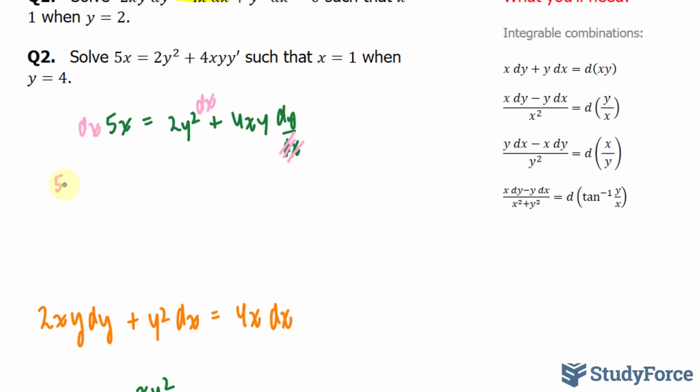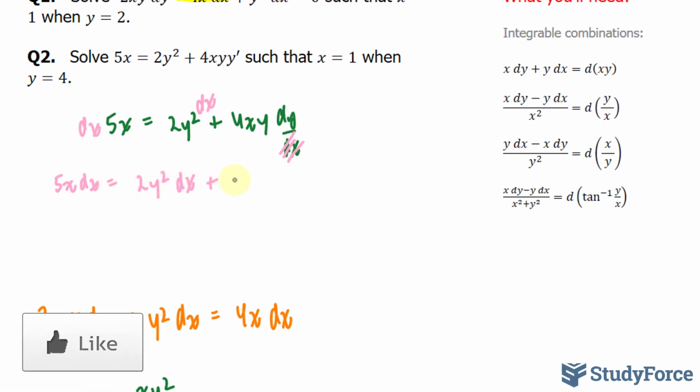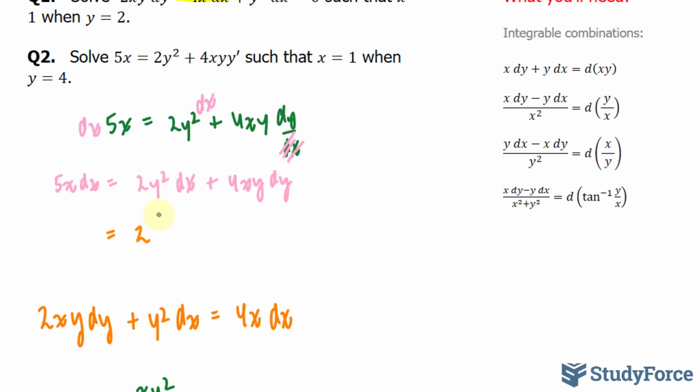So let me clean this up for you. I have 5x dx is equal to 2y squared dx plus 4xy dy. Following this step, I'll factor out a 2 from both of these terms on the right side. And if I do that, I end up with 2 bracket y squared dx plus 2xy dy.